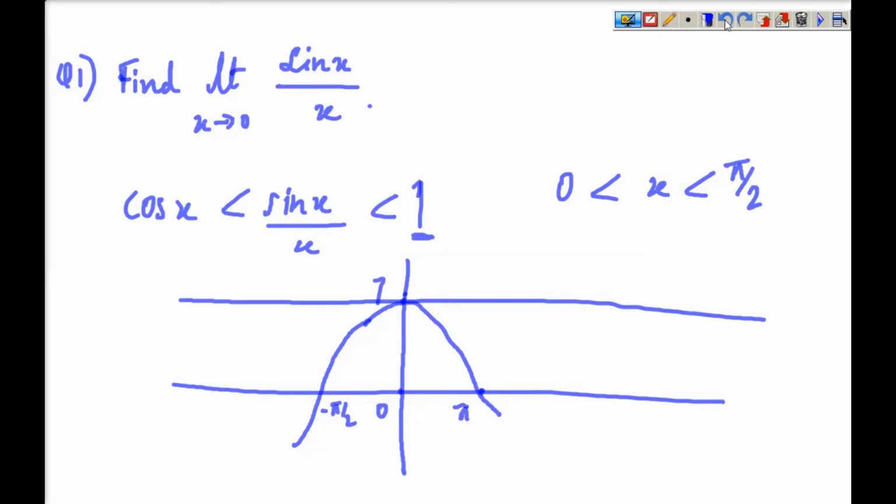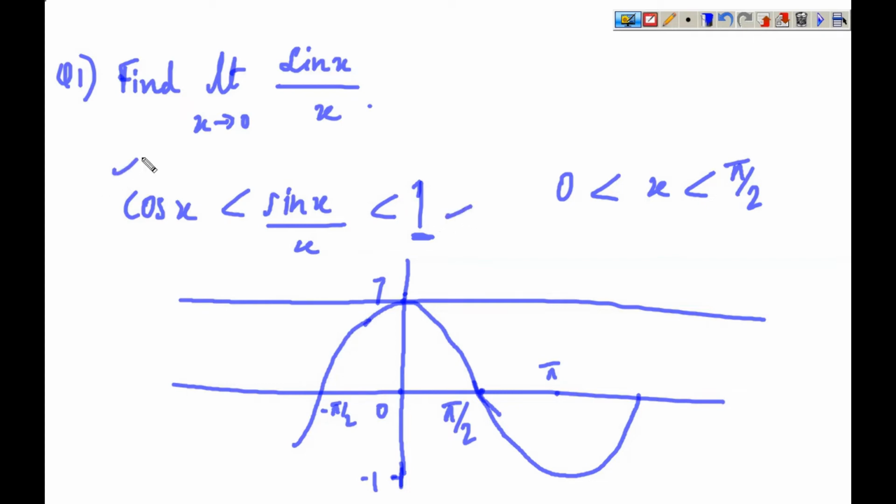So when x is pi by 2, cos pi by 2 is 0, and it goes like this, and again we have pi, where cos pi will be minus 1. So this is the graph of the function 1 and cos x, right?